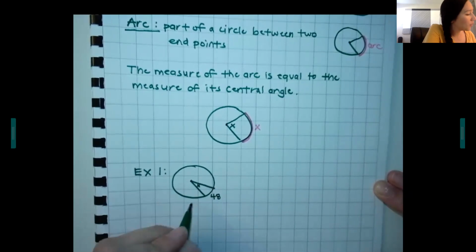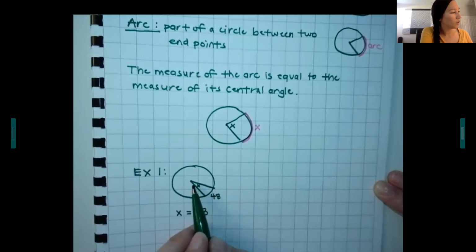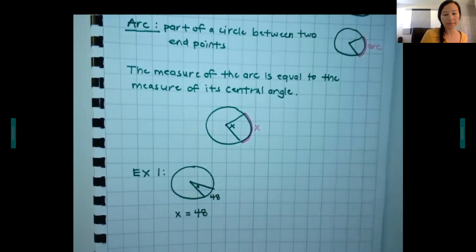Well, then we know that that angle X is also 48 because the arc is equal to the central angle.